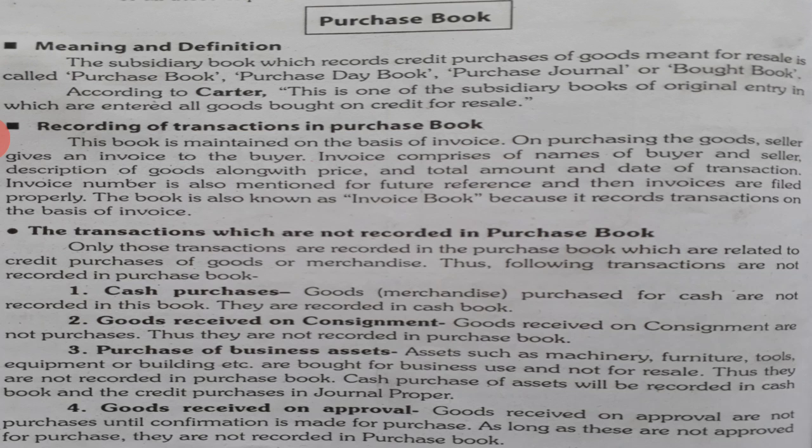So this is the book which is made with the help of invoice, where all the regarding information like purchasing goods, sellers' name, date, price, total amount, transactions, and any discount, trade discount is mentioned.